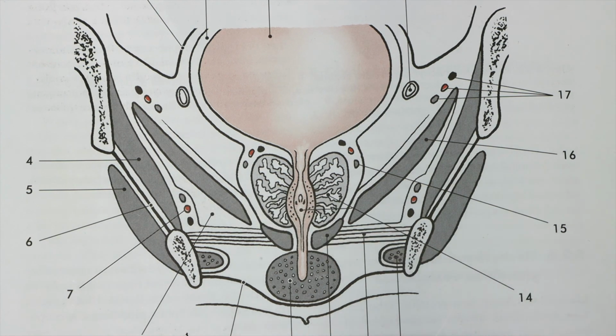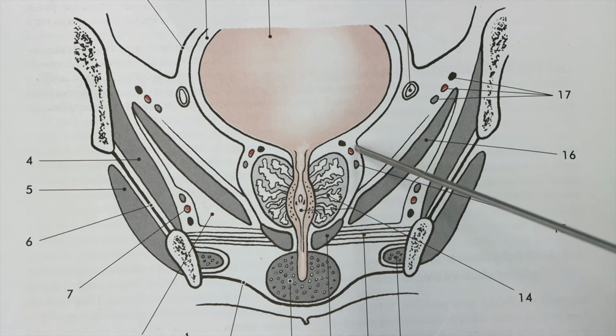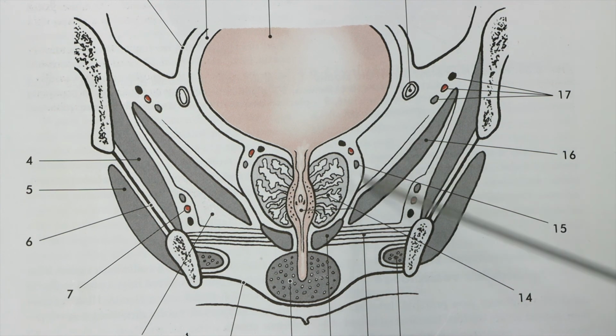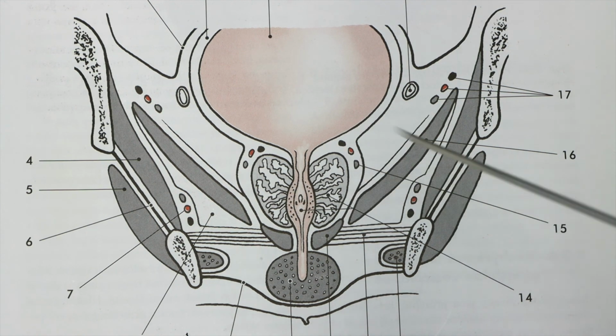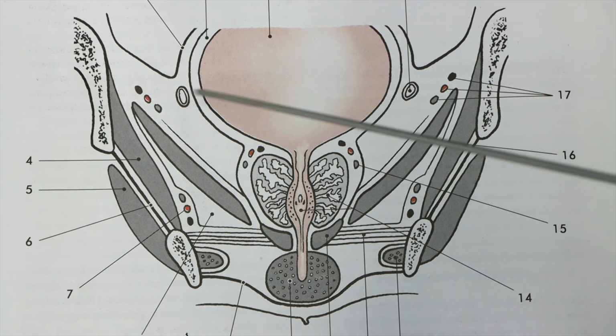So here is the proper prostatic capsule, and here is the periprostatic capsule, and here is the venous plexus of the prostate. And in this case there is the passage of the obturator nerves and vessels, and here is the ductus deferens in the cross section.